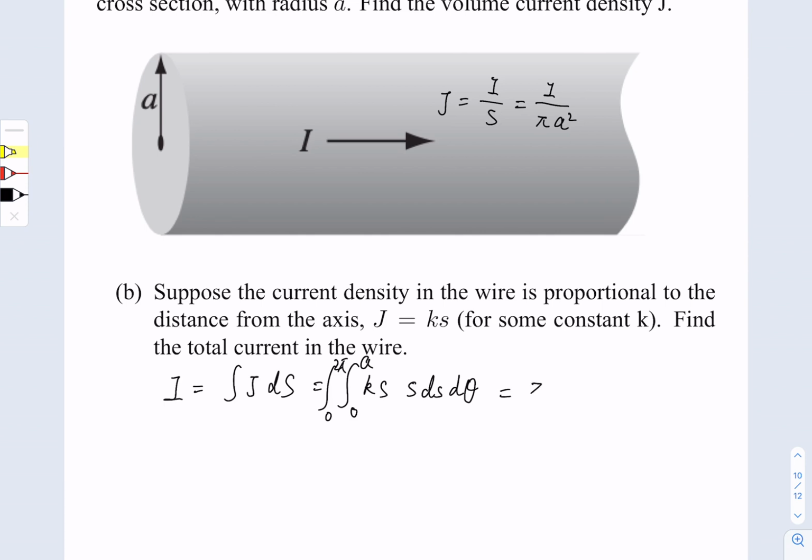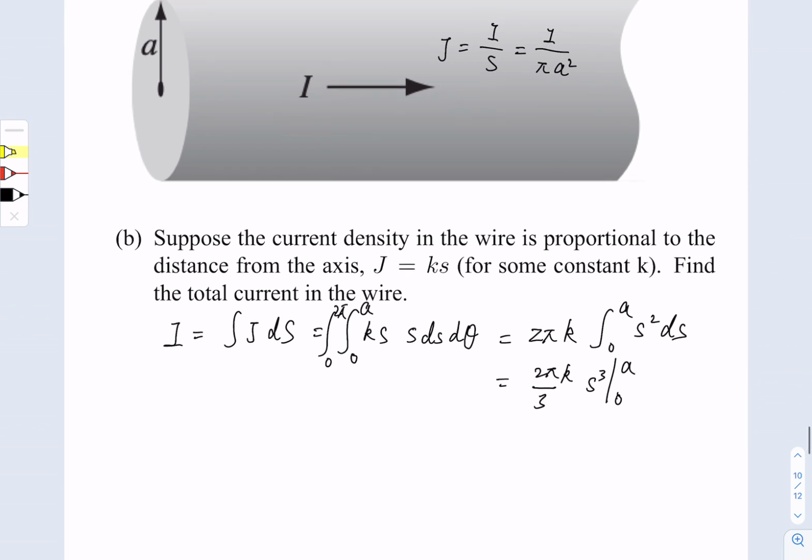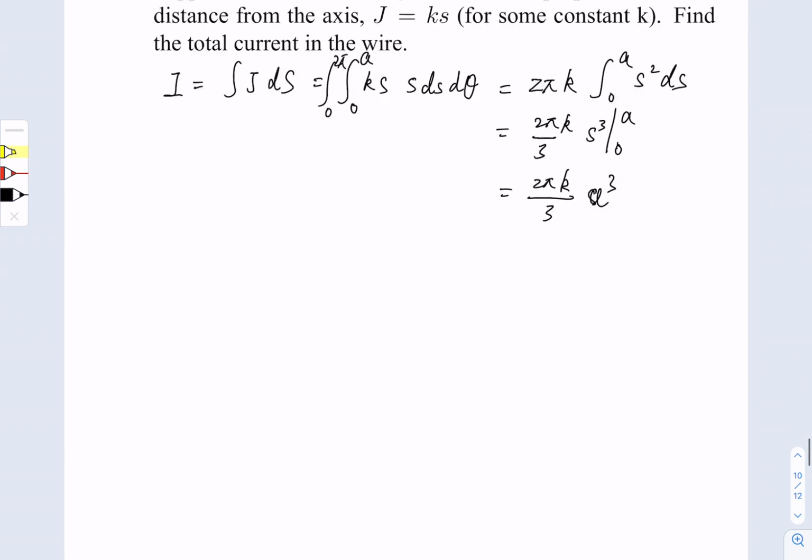So it's 2 pi K integrating over s squared ds, which is 2 pi K times s cubed over 3 evaluated at 0 and a, which gives 2 pi K over 3 a cubed.